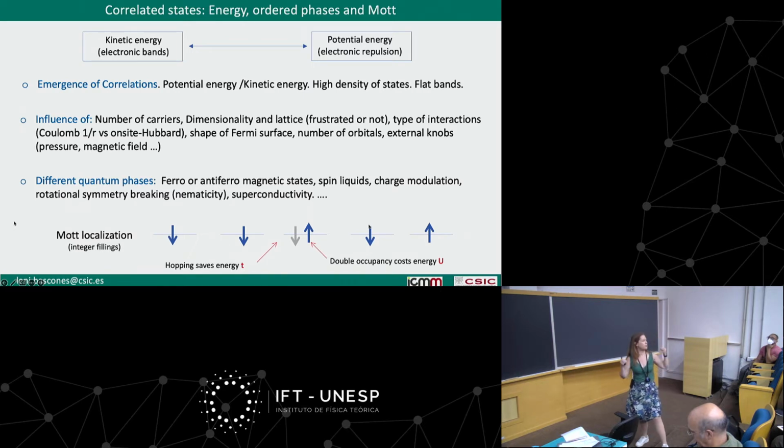This electronic repulsion is not just the one that we see in vacuum, but it is modified when we are in a solid. Of course, the higher this ratio is, the stronger we expect the electronic correlations to be.